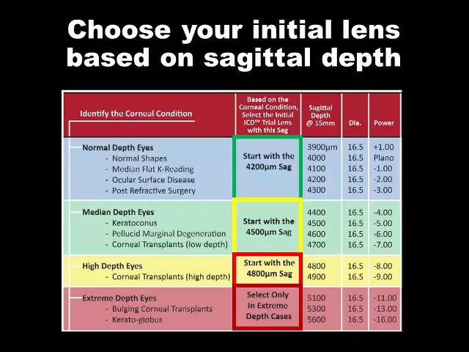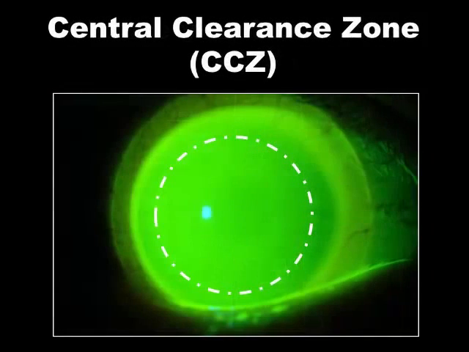Notice each trial lens step, and this is true of all the ICD family of lenses, are 100 micron increments higher than the next. So we go from 3,900 microns in depth to 4,000 to 41 to 42 and so on and so forth. Now the first thing that we look at once the trial lens goes on eye is what does the central clearance zone look like?